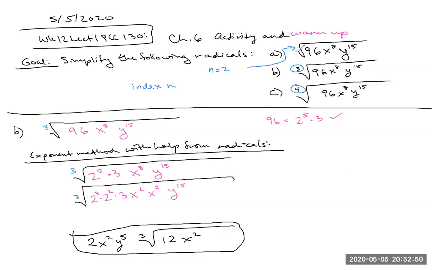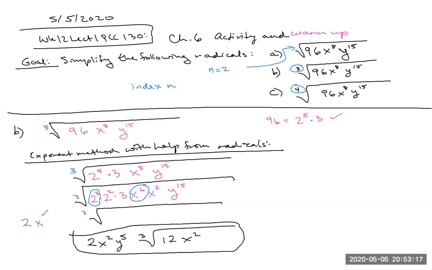Okay, so here's what we get in the next step. We have a group of 3 here. That brings it out 1, 2. You have a group here. 6 is divisible by 3 2 times.